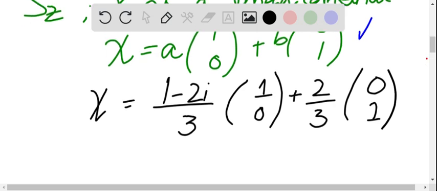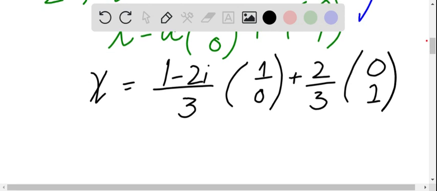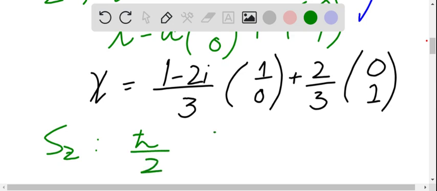Now we are going to find the possible values of S sub z. The possible values of S sub z would be h cross divided by 2 and negative h cross divided by 2.